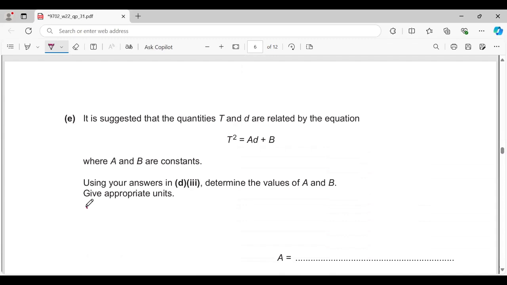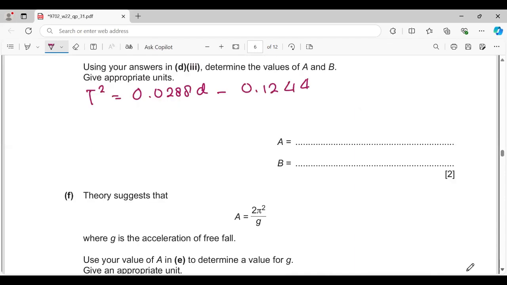So now our equation is t squared equals 0.0288d minus 0.1244. So the implication, the coefficient of d is A, and this is B.